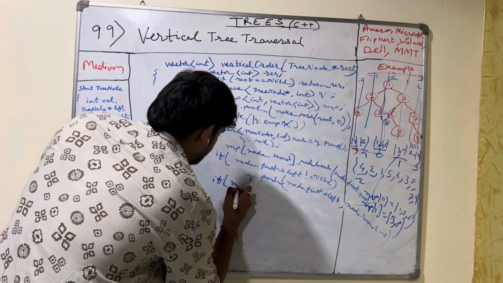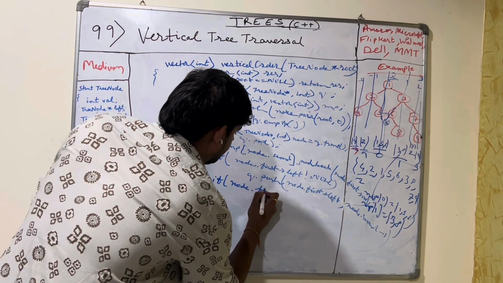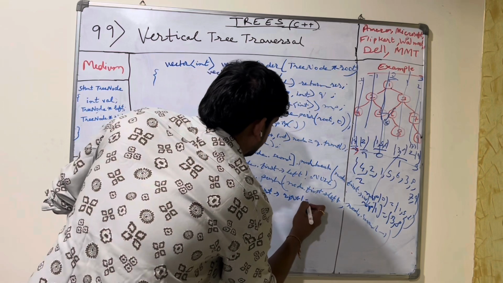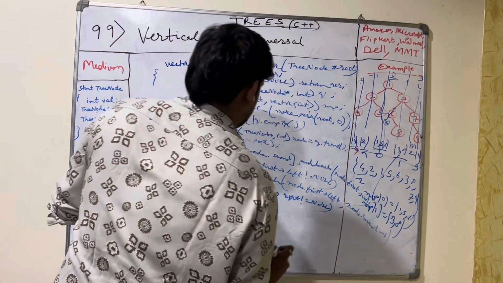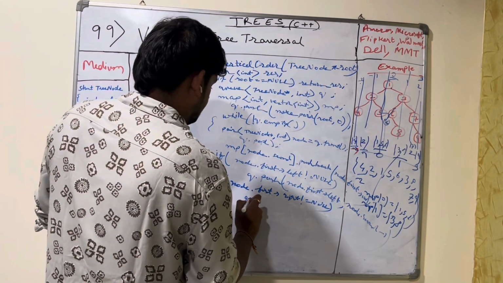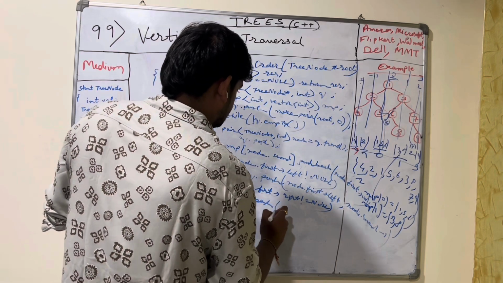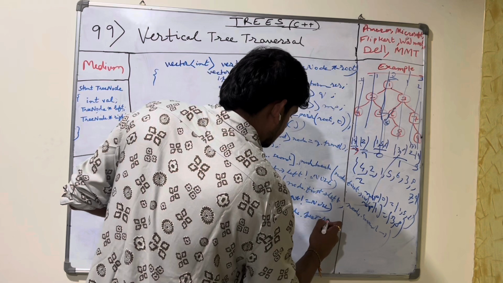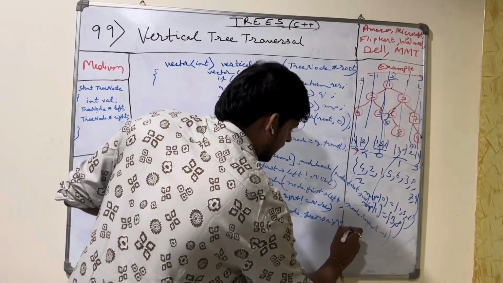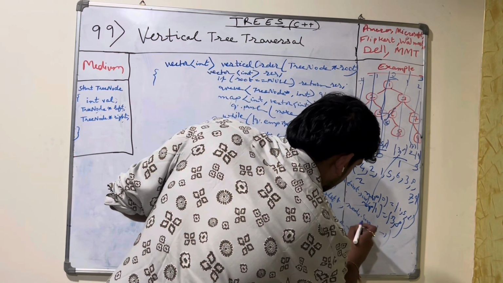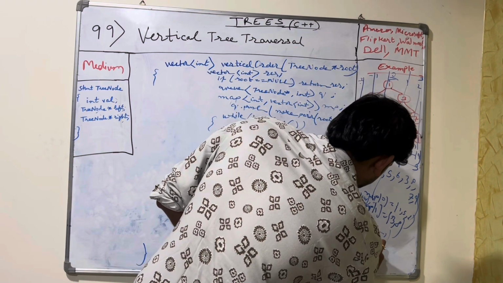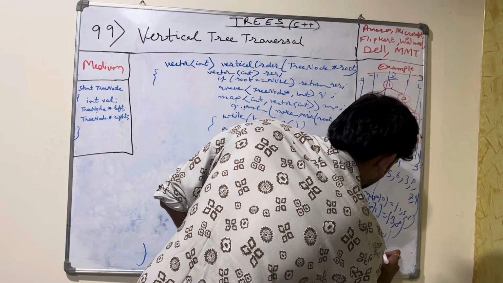If node dot first right is not equal to null, okay, then we do a q dot push node dot first right, and then node dot second plus 1.